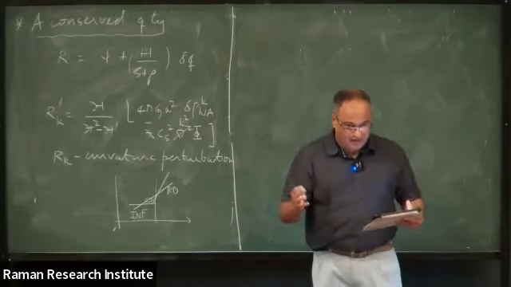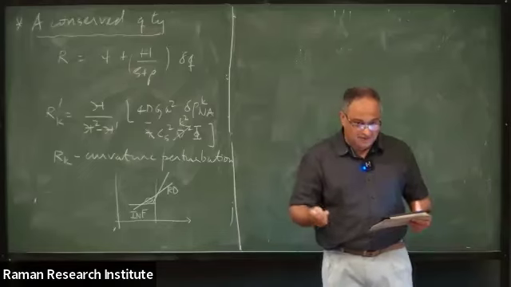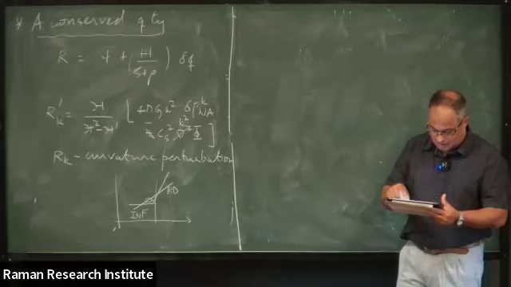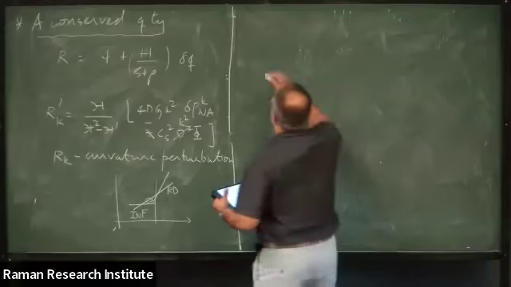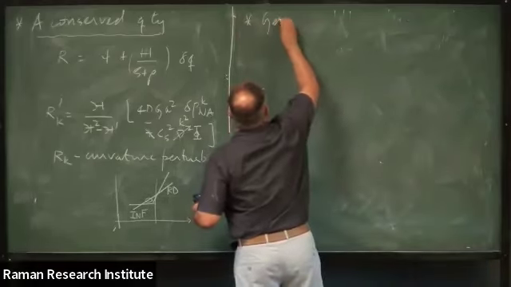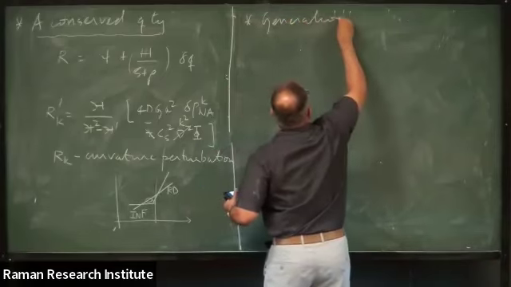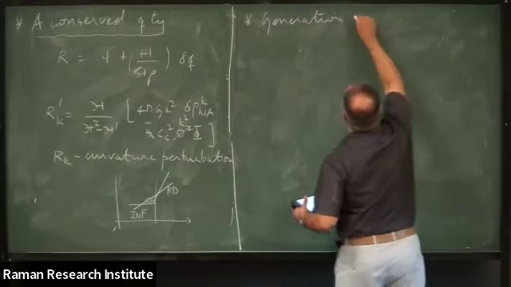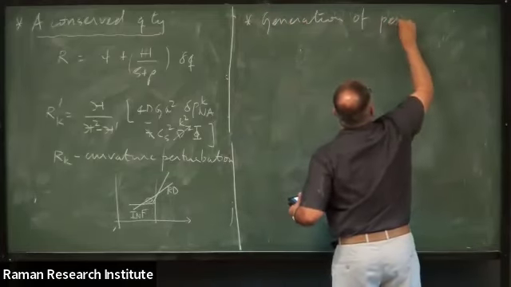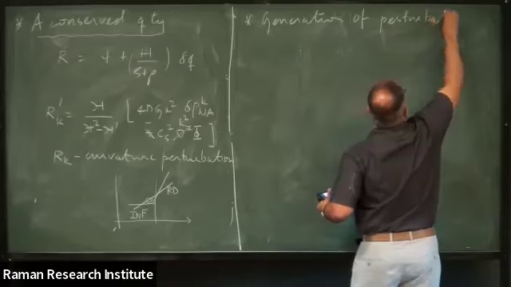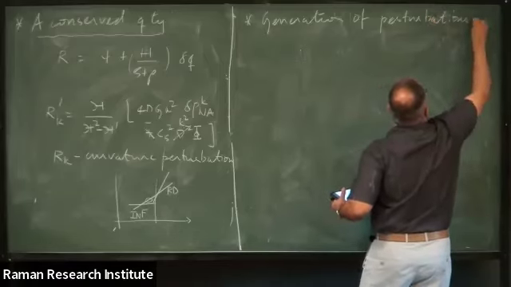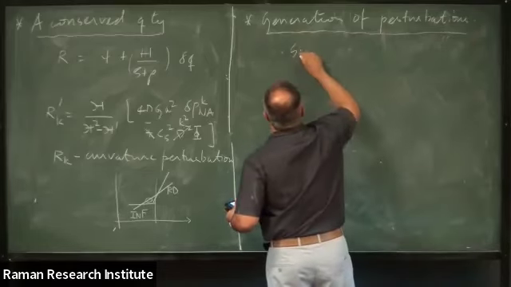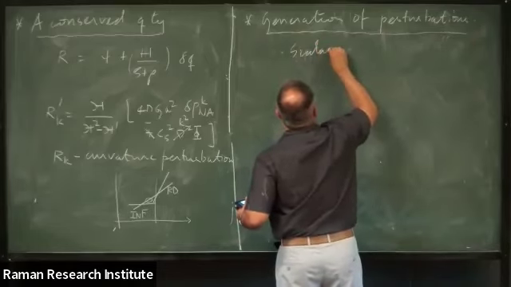Something like its mod square is the power spectrum, what we will define as the power spectrum associated with the scalar perturbations. So, generation of perturbations.